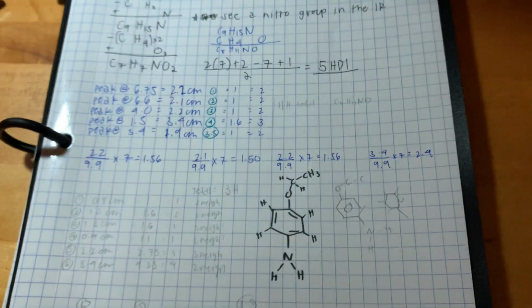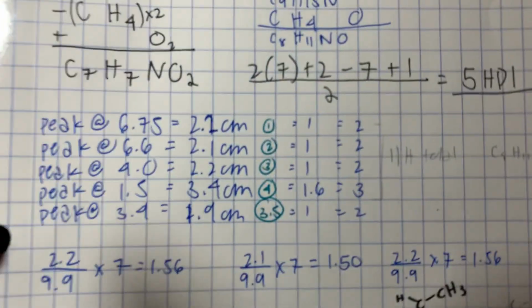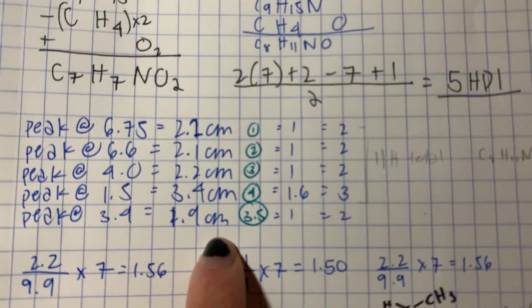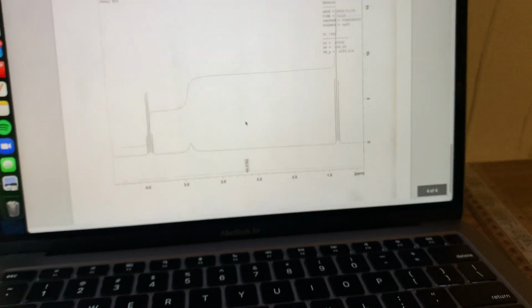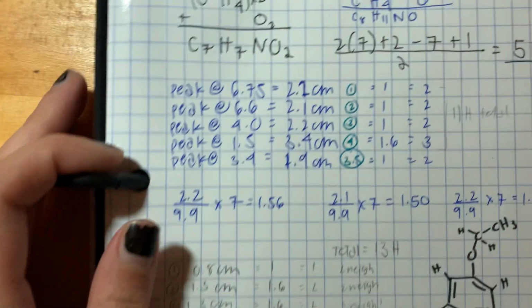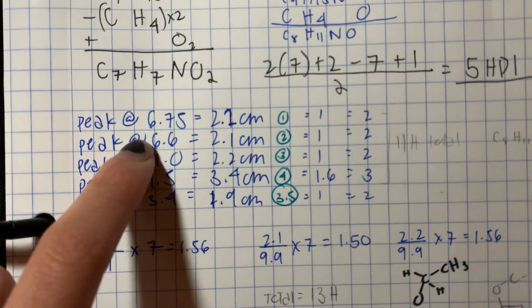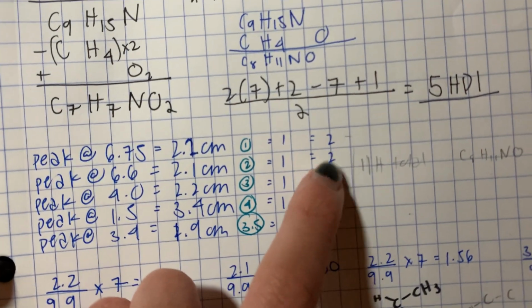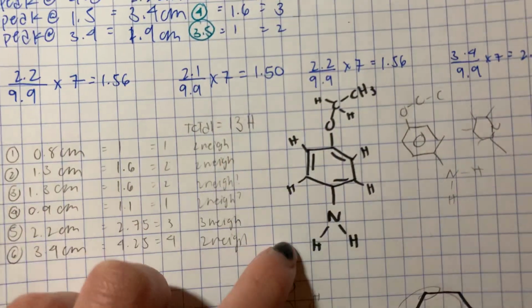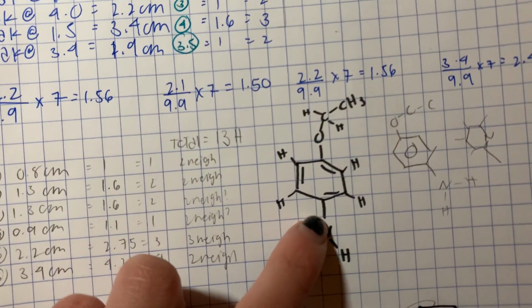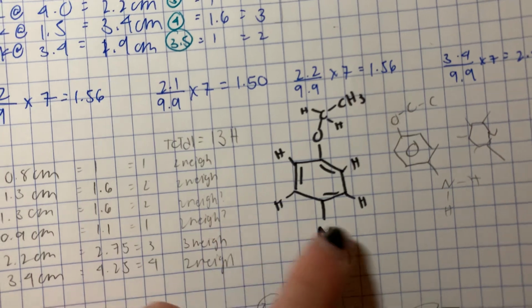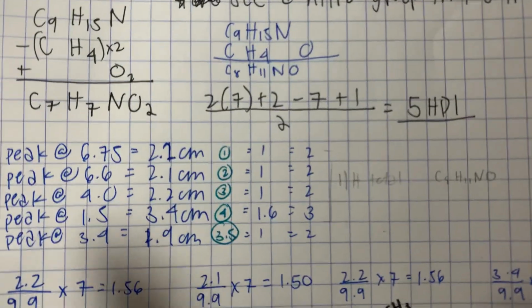And when I did my integration, I calculated the centimeters of each of the peaks, these 2 and these 3, and I came to the conclusion that these 2 peaks both had 2 hydrogens each, which indicated that it would be an aromatic ring with 2 substituents and 4 hydrogens, which makes sense.